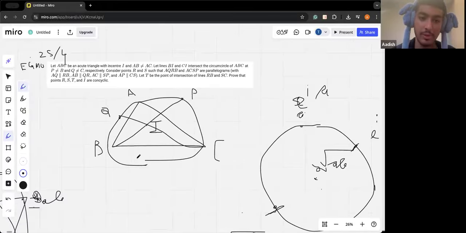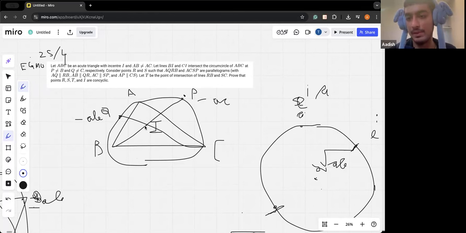Let's do this problem. The points are easy to find. Q will be minus AB, P will be minus AC, and I will be minus AB minus AC minus BC. R and S are the parallelograms.